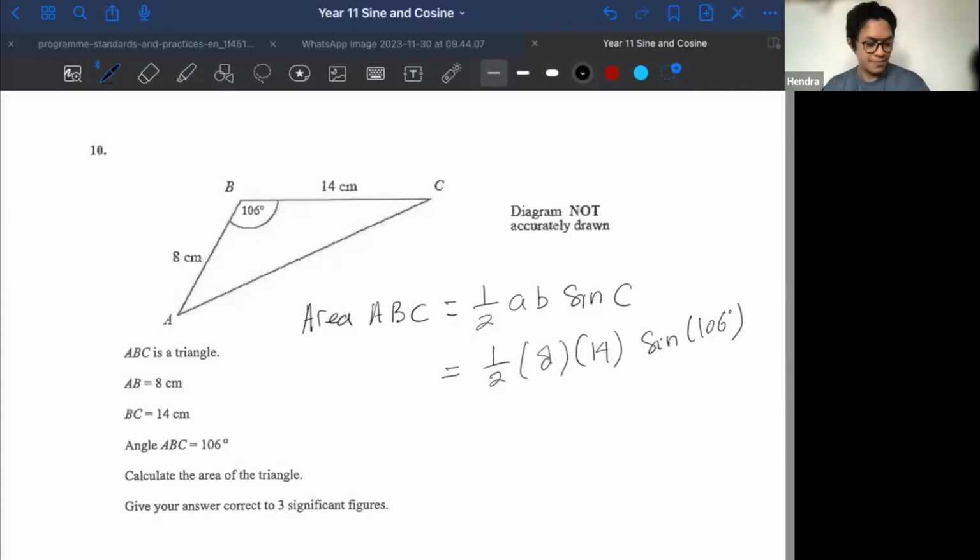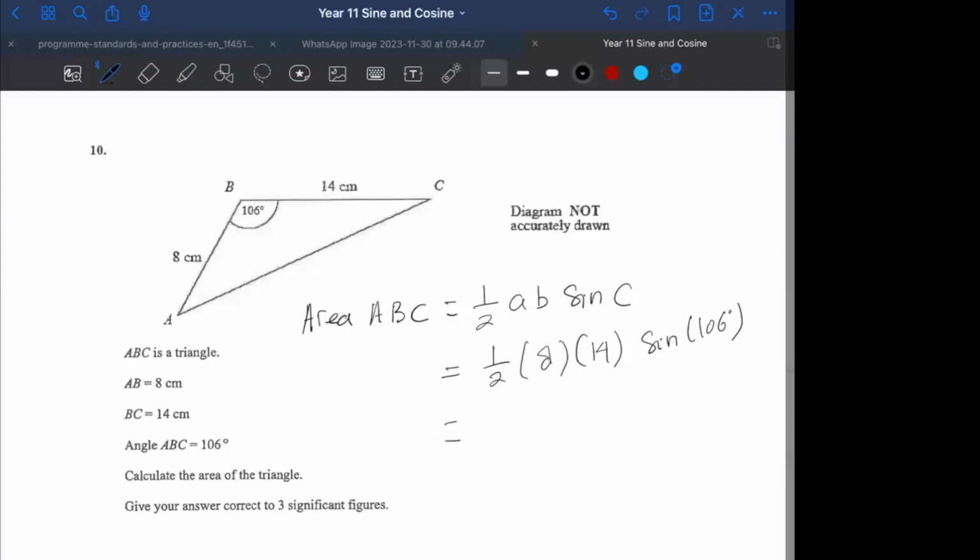What is it? Okay, hold on, I'm doing it on the calculator.